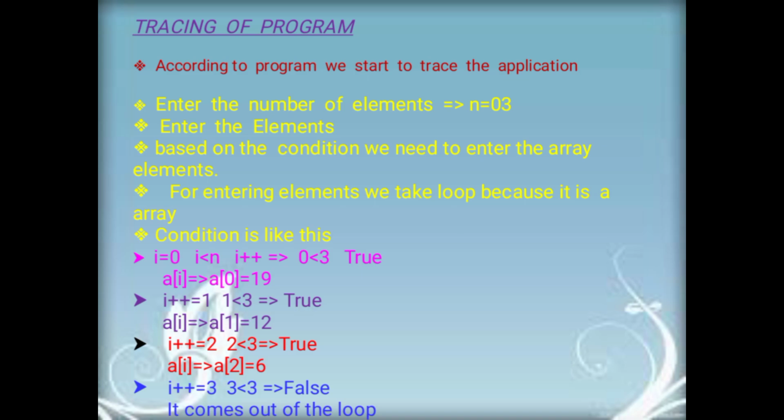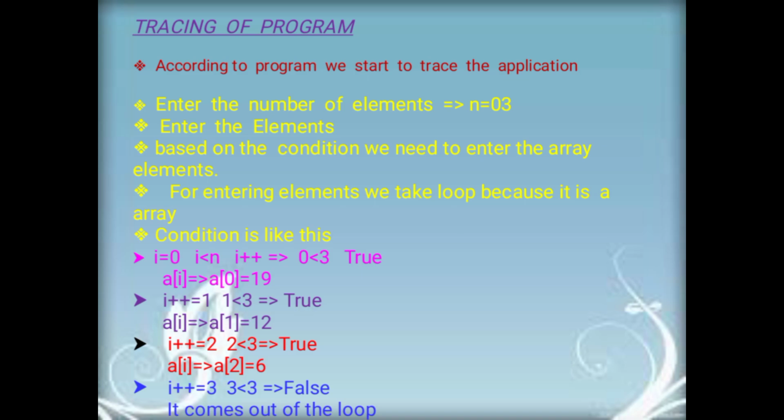For entering the elements, we take a loop because it is an array. The condition is like this: start the i loop variable with 0, and the condition is i is less than n, with i incremented after each pass. Now check the condition.